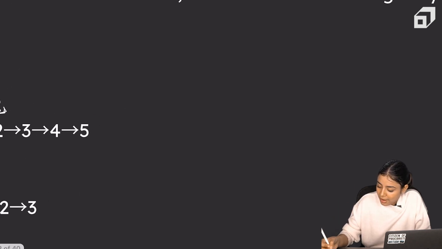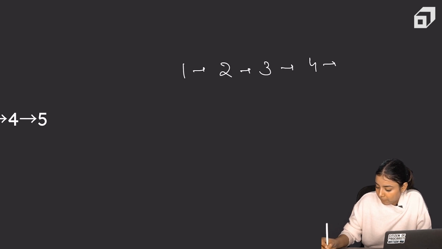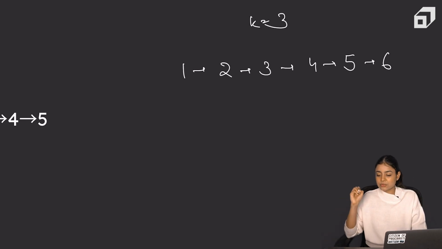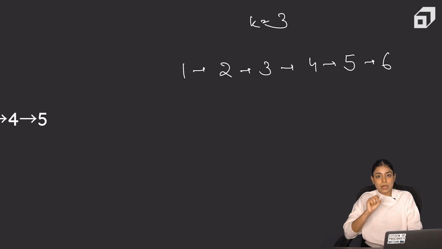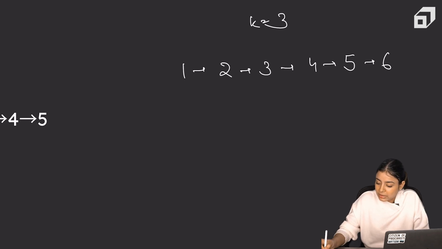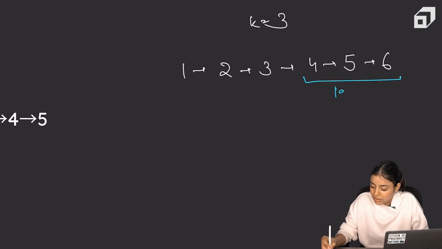So if I have this linked list, and the k given to me is 3, then that means that the last 3 nodes will come in the front of my linked list. Basically this part, these are the last k nodes.